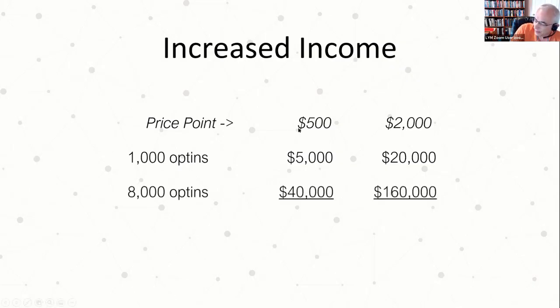The $500 offer gives you $40,000, and the $2,000 offer gives you $160,000. So the difference is $35,000 on a $500 offer or $140,000 on a $2,000 offer. And the only difference was that you had a more effective opt-in page that started the entire process.